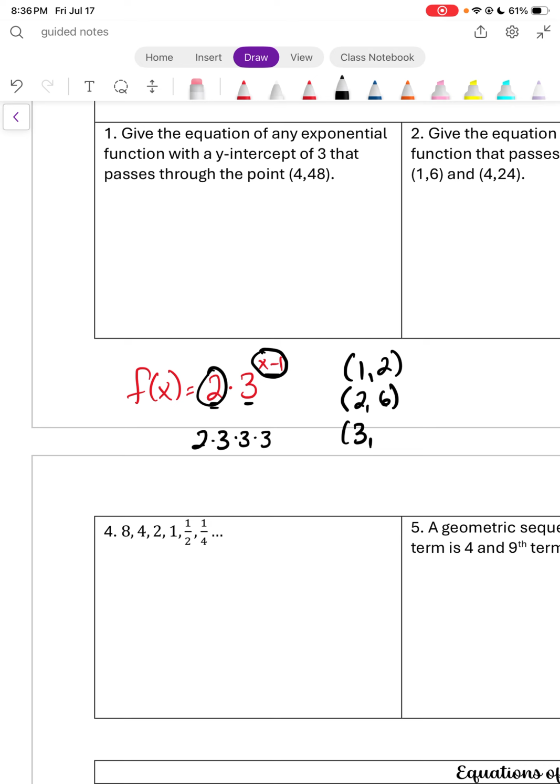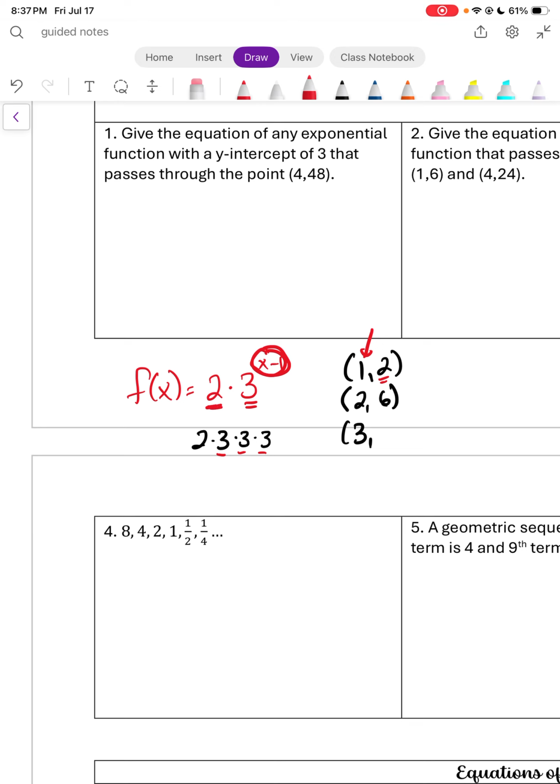So what this is saying, and I kind of want you to know the basic of what all this means, this is your first number, and you're multiplying by 3 over and over and over. This is the common ratio. That's what you're multiplying by each time. And then this power in this form will always be x minus 1. That way, when you plug in 1, it's going to cancel that 3 out, and that 3 goes away and leaves you with just this number in the first term.